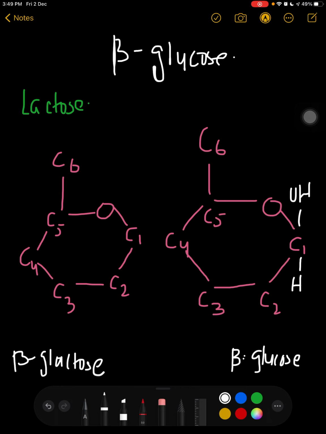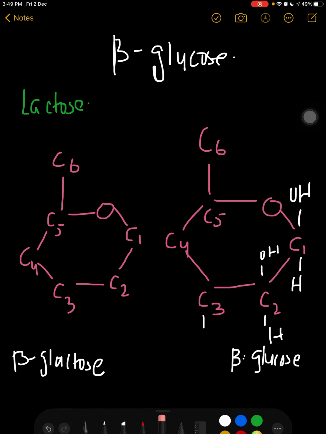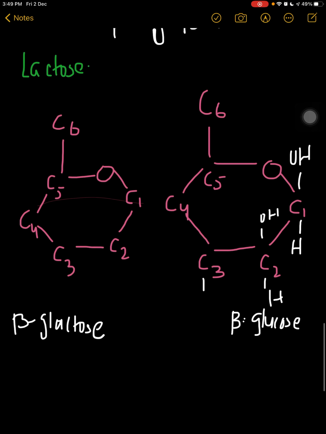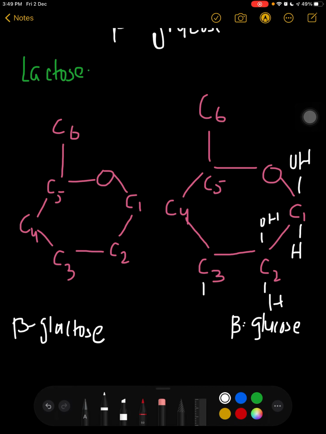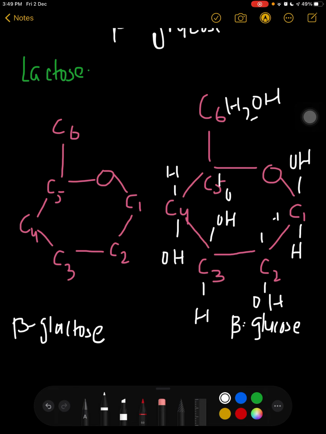Over here, as you can see, glucose, here H, here OH, here it will come OH. Over here at carbon number 4, OH will come this side and H this side. Here CH2OH, and here OH and H. This is the glucose, right?